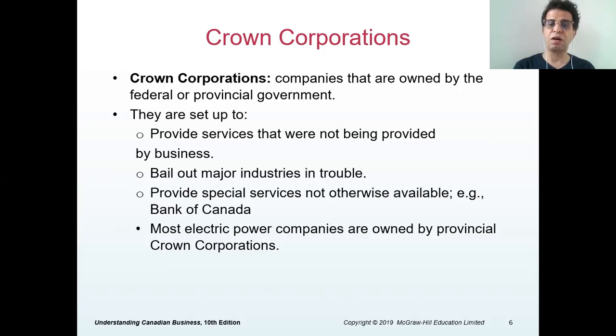But overall, they are set up to provide services that were not being provided by businesses, bail out major industries in trouble, and provide special services not otherwise available, like the Bank of Canada. Most electric power companies here are owned by provincial crown corporations, by the way.